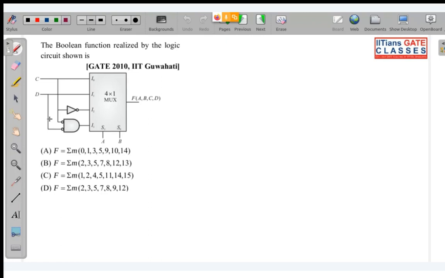It is given as a function of A, B, C, D. That means A is MSB and D is LSB.